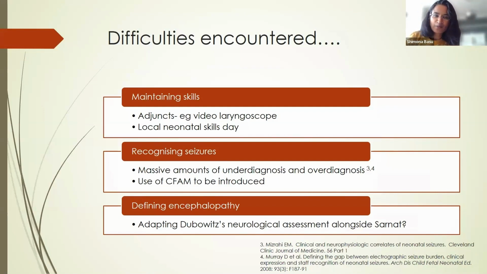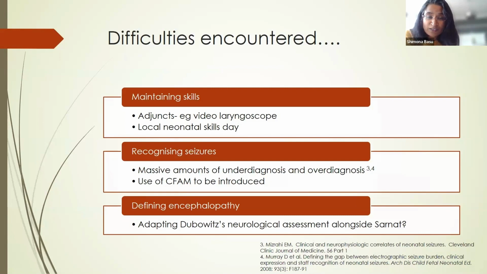And then the other point I've put there is actually defining encephalopathy in the first place. I think as a unit where you're not necessarily performing neurological assessments on newborns on a daily basis, the SARNAT criteria can be a little bit tricky to interpret sometimes.